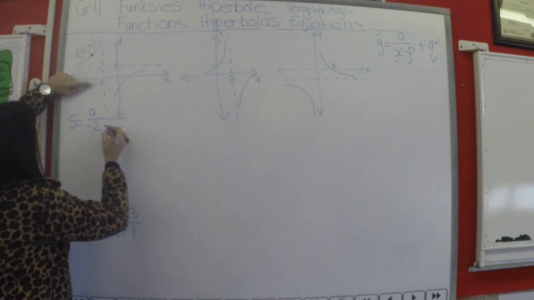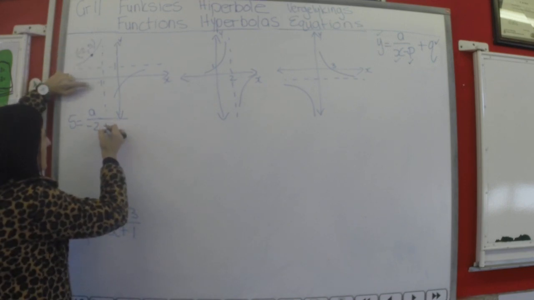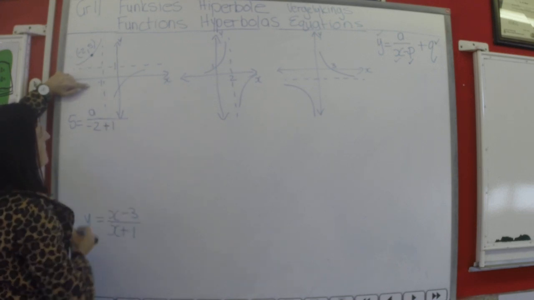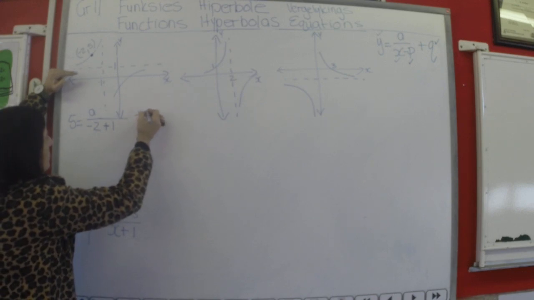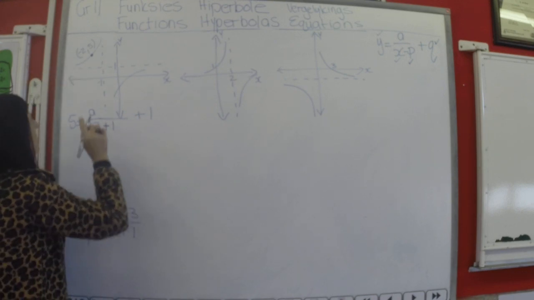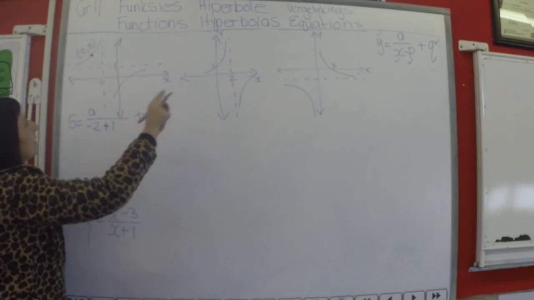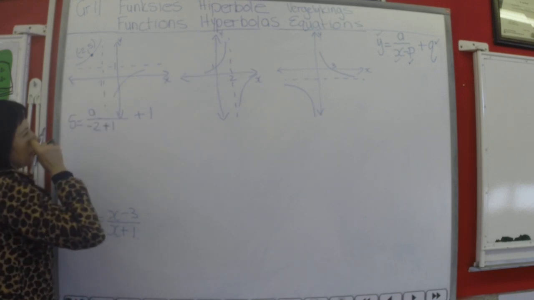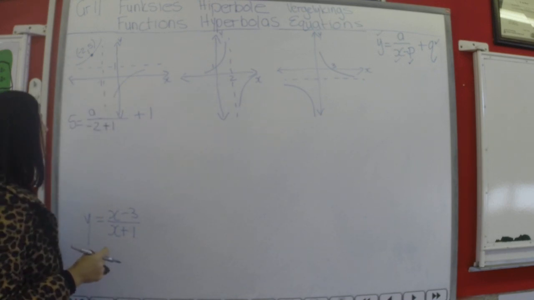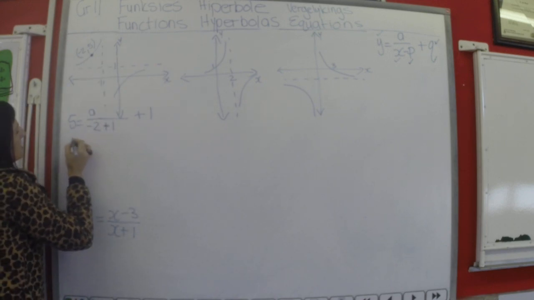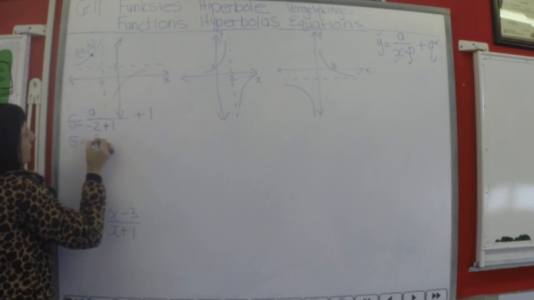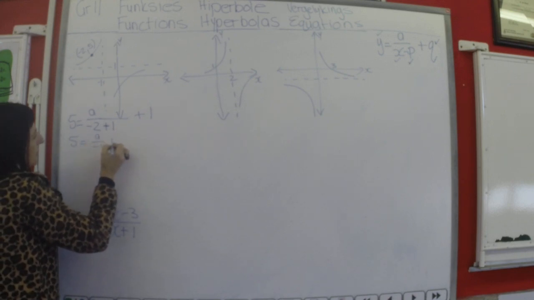Onthou, ek kry my vertikale asimptoot hierso, so dis minus 1, so it's going to be a plus if I do substitution, and then q is plus 1. So ek het 'n minus langs 'n minus, dit gee vir my 'n plus. Ek weet uit links geskuif, ons het altyd 'n plus. So that's going to be 5 equals a on minus 1 plus 1.